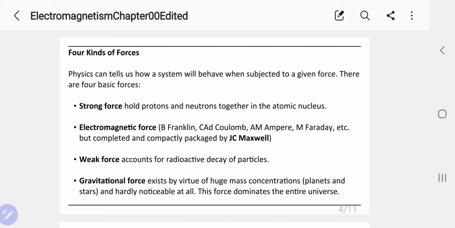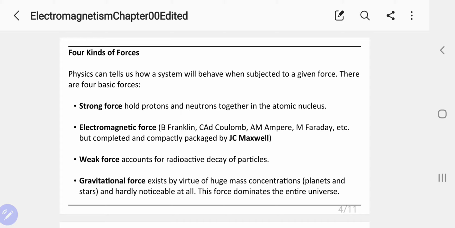Electromagnetic force, on the other hand, was discovered by Benjamin Franklin, Coulomb, André-Marie Ampère, Michael Faraday, and others. And this was completed and compactly packaged by J.C. Maxwell.